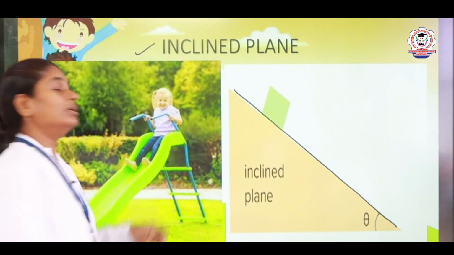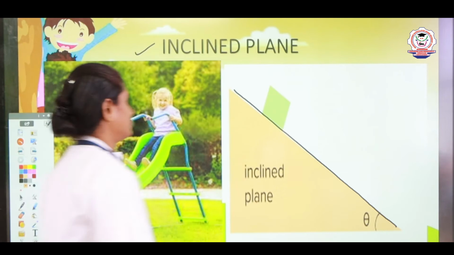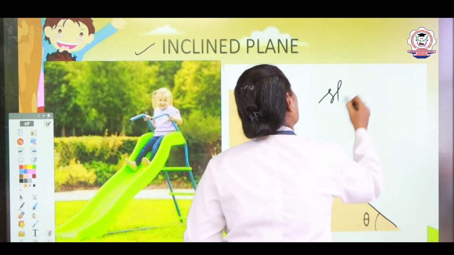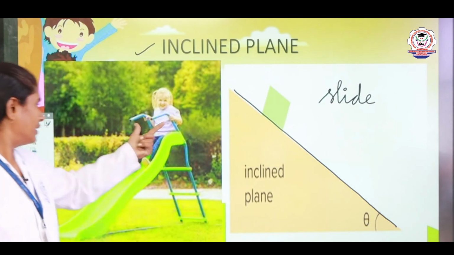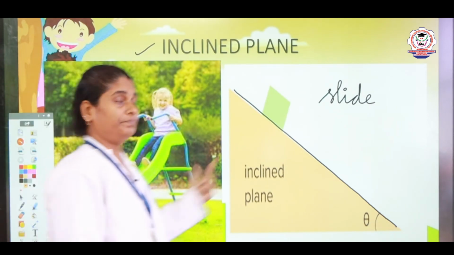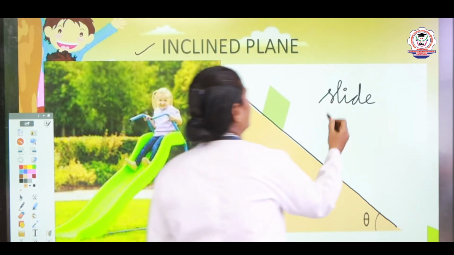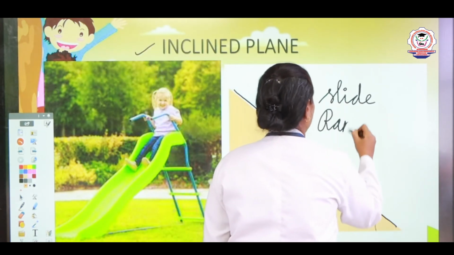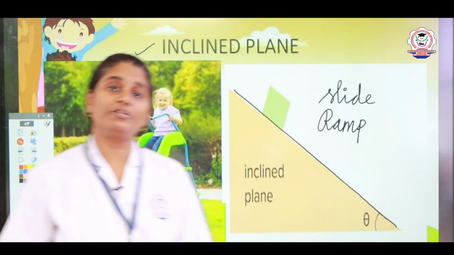So, now let us see what are the examples of inclined plane. So, slide. You would have seen in your parks. You will play in the slide, right. So, the slide is an example of inclined plane. And then ramp. Ramp is also an example of inclined plane.